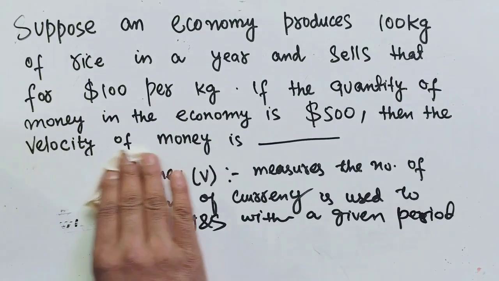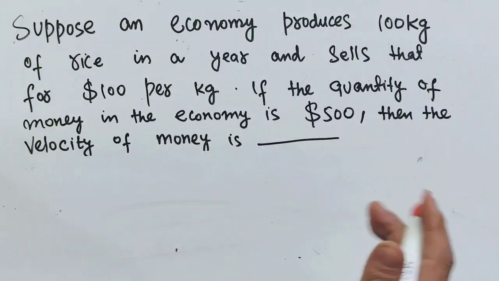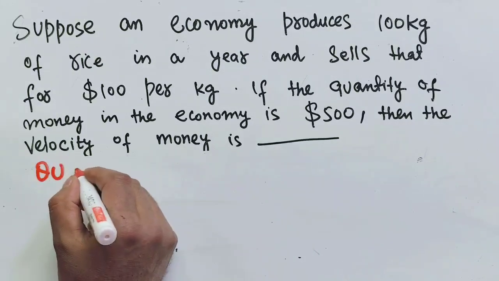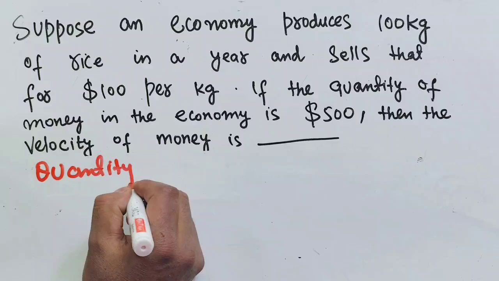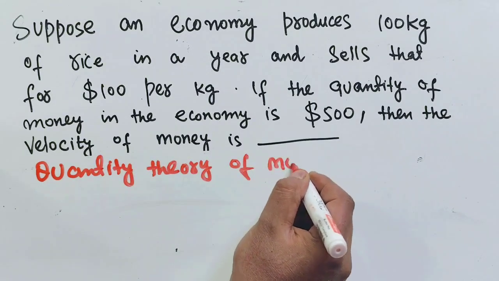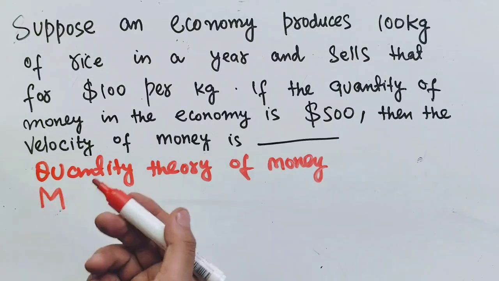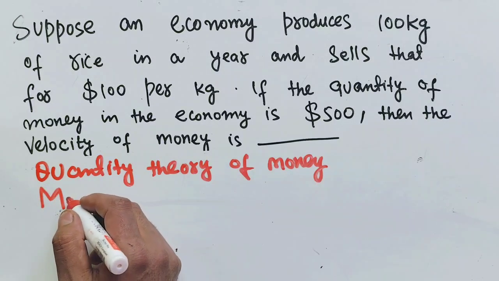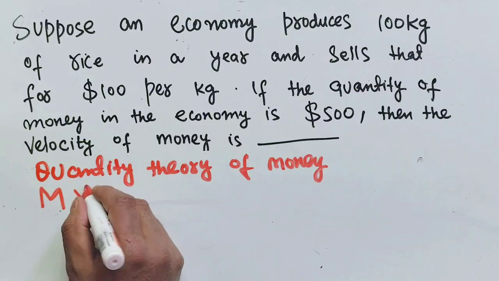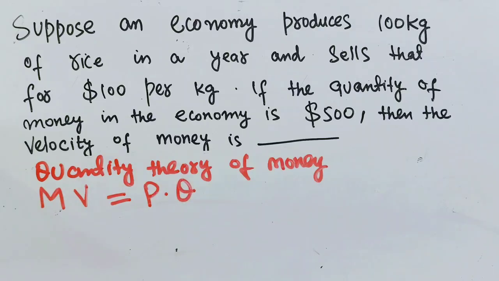To find out the velocity of money, we use the quantity theory of money. According to the quantity theory of money, the relation is: money supply times velocity of money is equal to price level times the GDP.